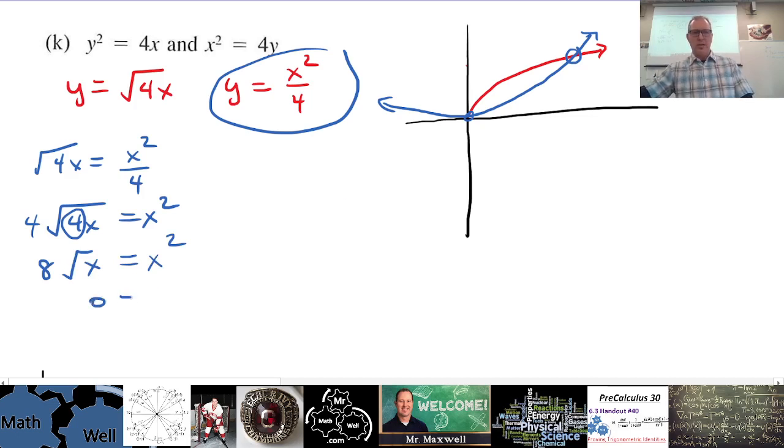I guess we could just kind of do this now. X squared plus 8 root x. We're trying to solve for x though. Yeah, we're trying to solve for x. Taking the square root of this one, I don't know if that's a great idea. So you're trying to find out where this intersection point is, right? So where does this equal 0?